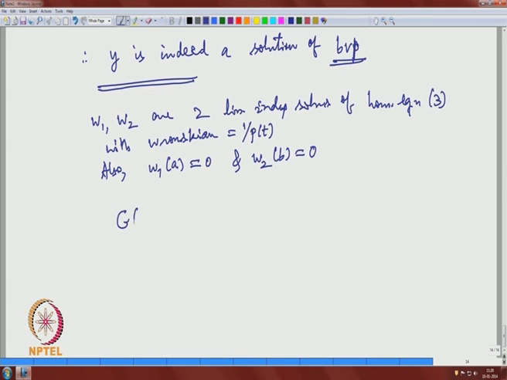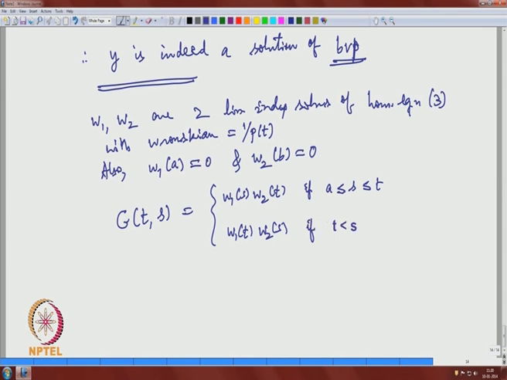And then we define this G. So, it has a name. So, this is W1(s) W2(t) if a is less than or equal to s less than or equal to t, and the other way around otherwise. G is called the Green's function of the boundary value problem.